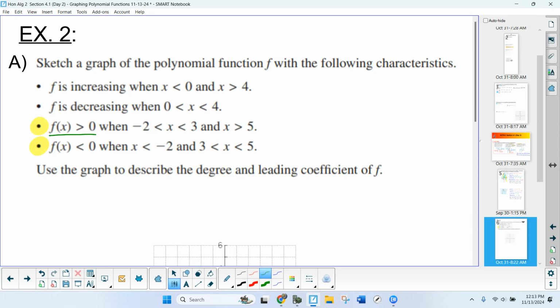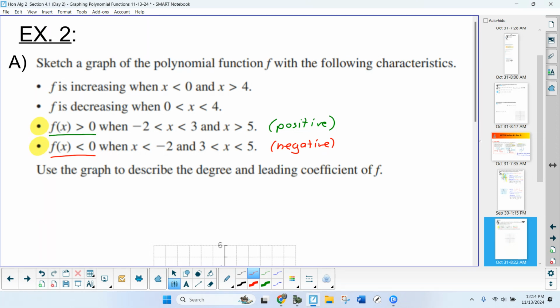Okay? So they're saying that the function is positive here. And then they're saying the function is less than 0 here. That means it's what? Negative. Okay, so we know that positive means it's above the x-axis and negative means it's below.